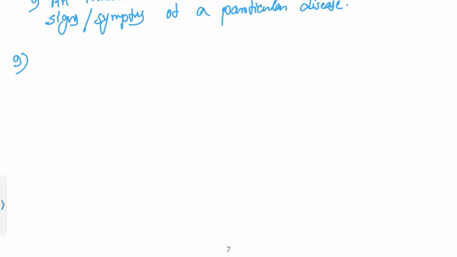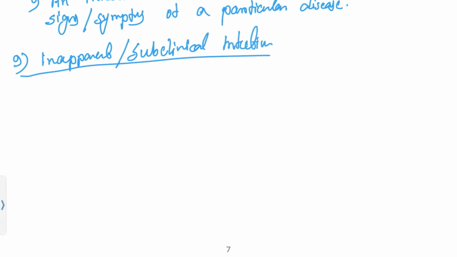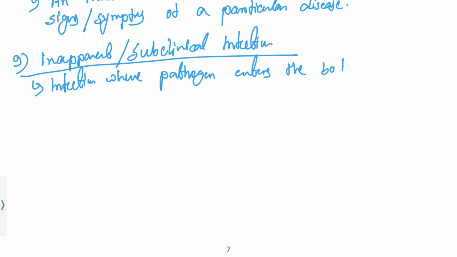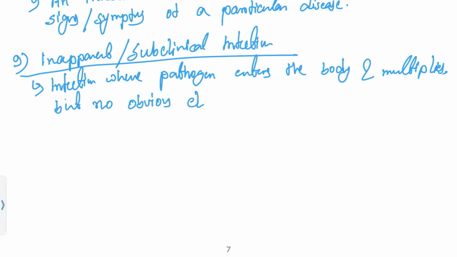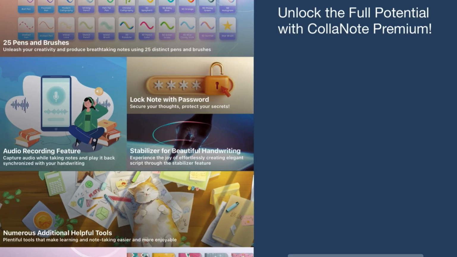I hope you understood. Now coming to inapparent or subclinical infections. What is an inapparent or subclinical infection? An infection where the pathogen enters the body and multiplies, but no obvious clinical symptoms appear.